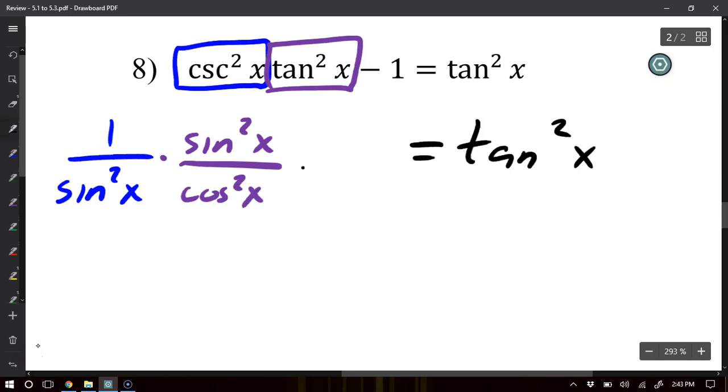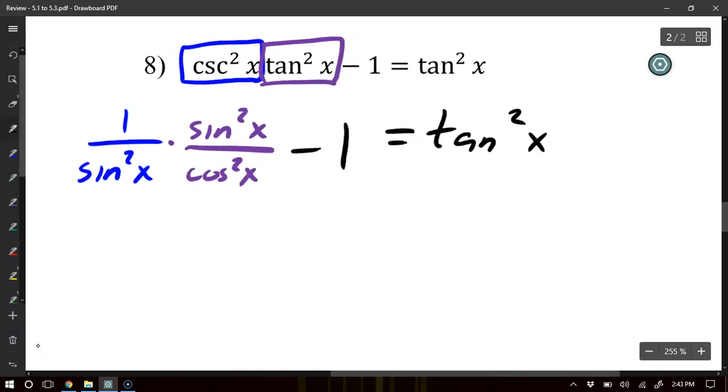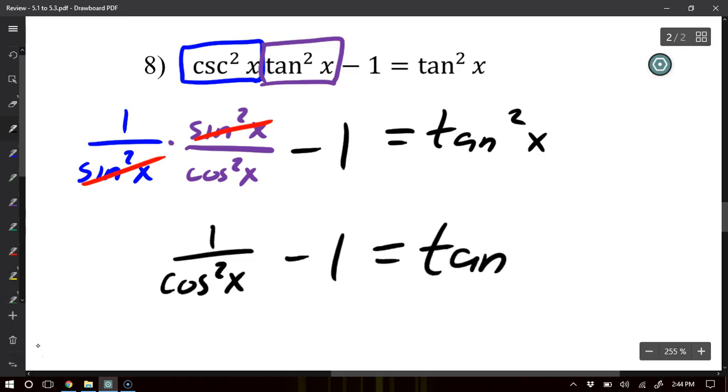And I have the minus 1. I'm switching to common terms that will allow me to merge these two together, and I notice multiplying, so I can cross out any common factors in the top and bottom. So I'm left with 1 over cosine squared of x minus 1 equals tangent squared of x.